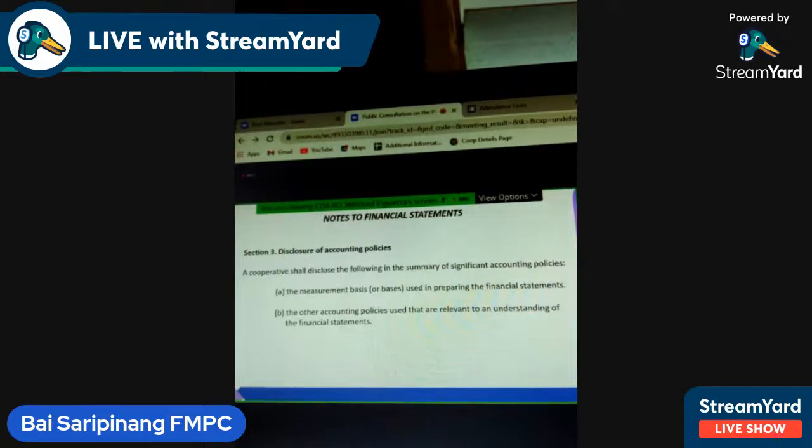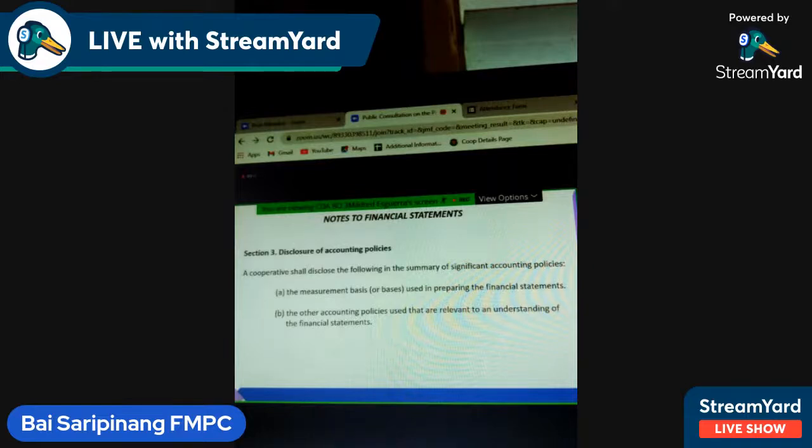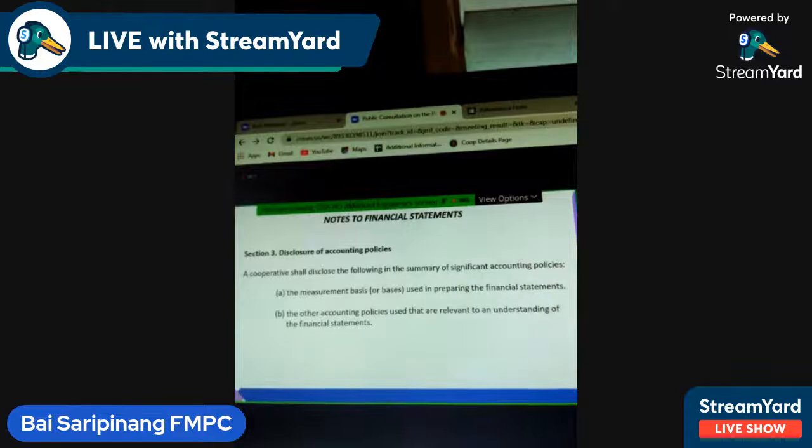Now, on the disclosure of accounting policies, a cooperative shall disclose the following in the summary of significant accounting policies. That was included earlier, as letter B, following the statement: the summary of significant accounting policies. Now, what do we disclose when it comes to accounting policies?